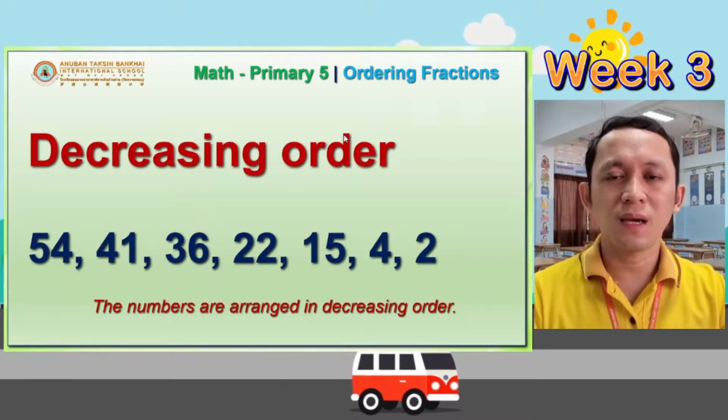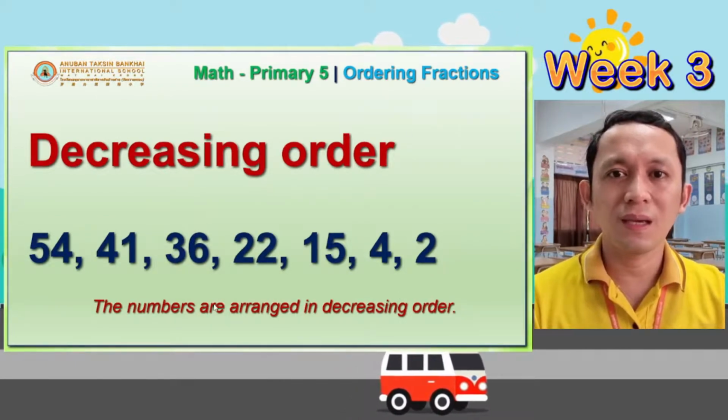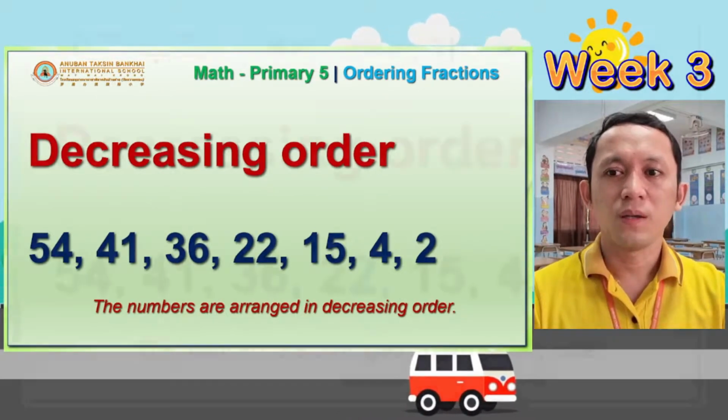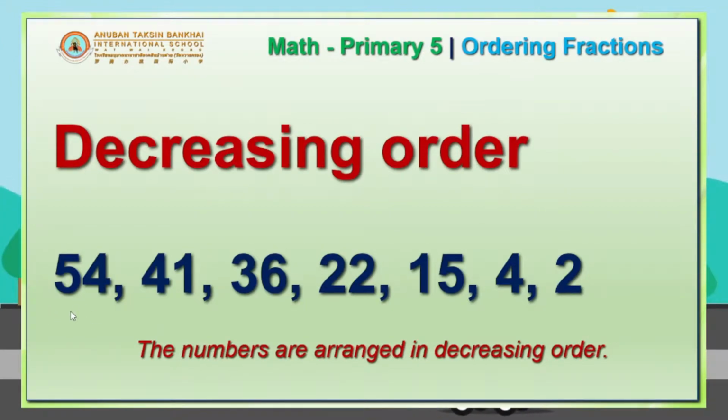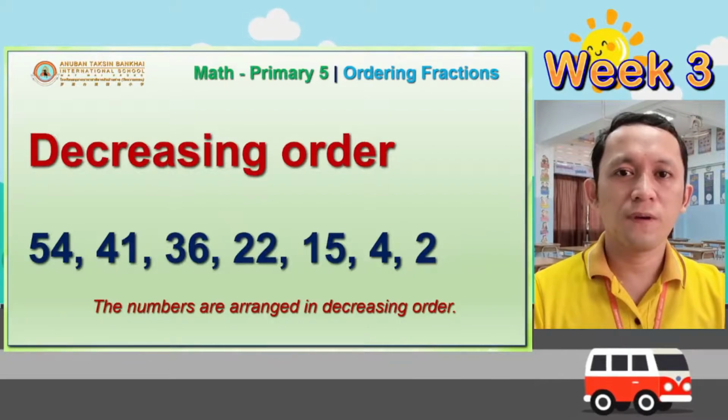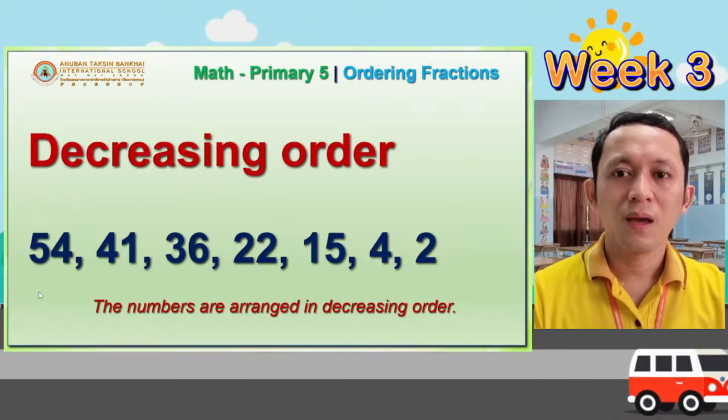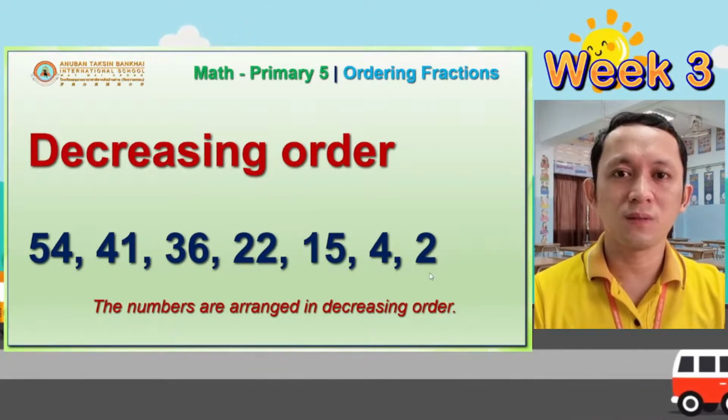Here is a set of numbers arranged in decreasing order: 54, 41, 36, 22, 15, 4, and 2. You could see here, 54 is the largest and 2 is the smallest.